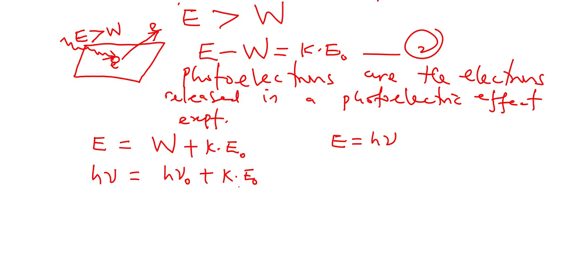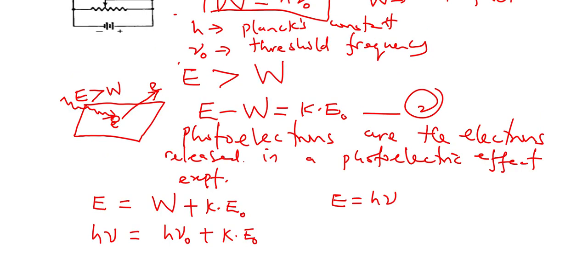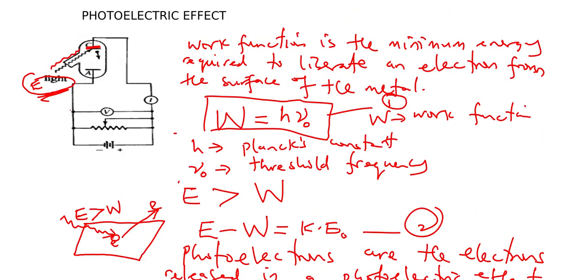Now, if the energy of the incoming light is more than the work function, and it strikes the cathode, electrons are liberated, called photoelectrons. And we reverse the polarity of the battery.